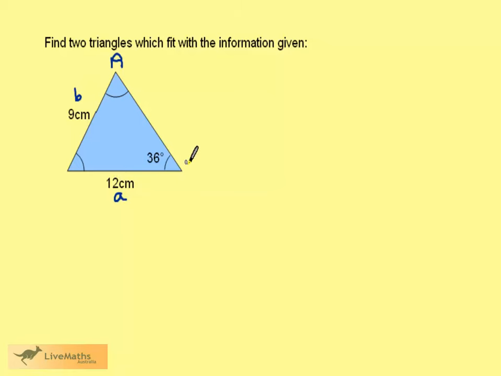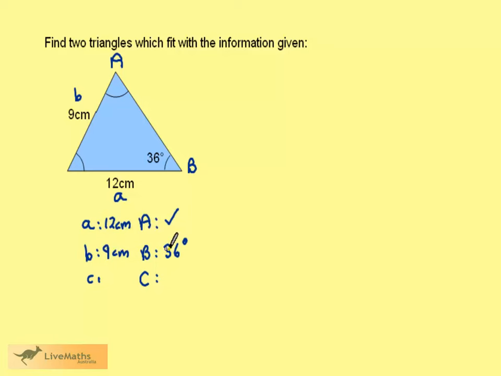This side is b and this angle B. If we now collect our information in our table, A and a, B and b, and C and c, then a is 12 centimeters and A we're trying to find. b is 9 centimeters and B is 36 degrees.